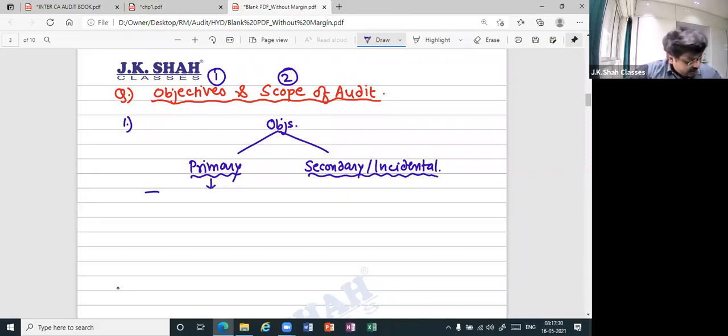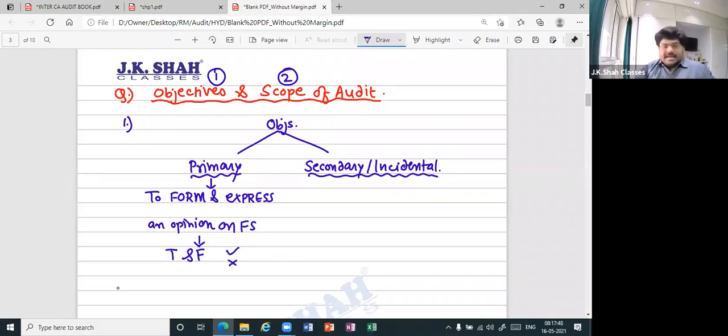Let us understand. It is to form and express an opinion. Can you tell me he will give an opinion on what? Correct. On the financial statements, whether they are showing a true and fair view or not. Repeating, it is to form and express an opinion on the financial statements, whether they are showing a true and fair view or not.